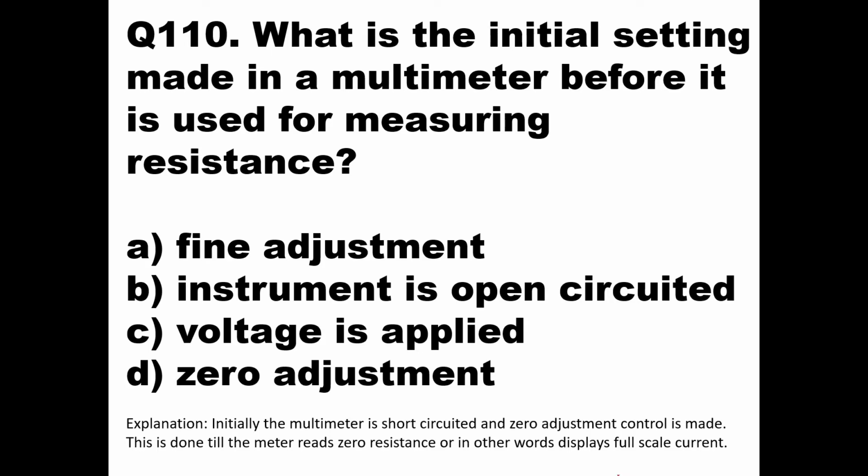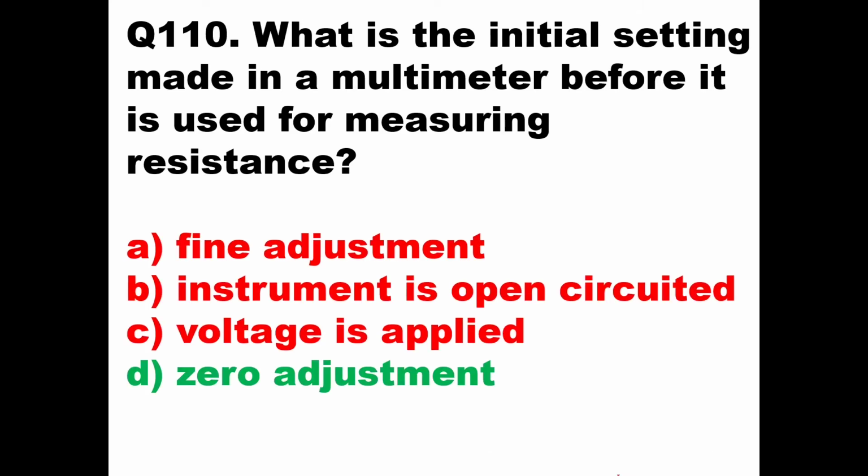So zero adjustment should be done. When the leads are short circuited, the maximum current will flow. So that zero adjustment should be done whenever we are going to use a multimeter. So before using it, the initial setting of zero adjustment should be made. So here option D will be the right answer, zero adjustment.